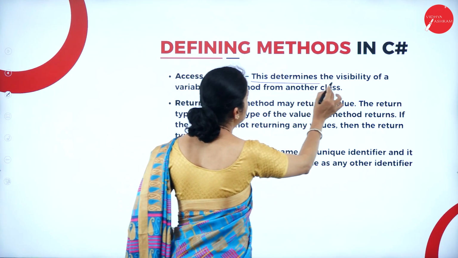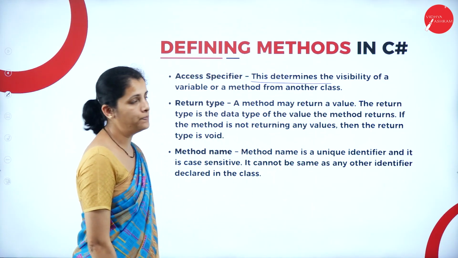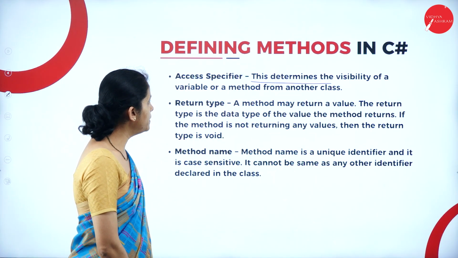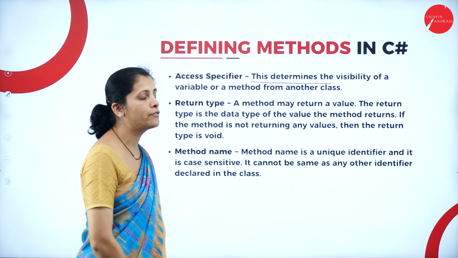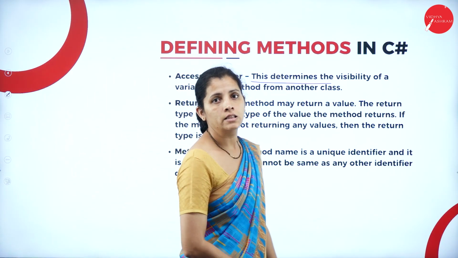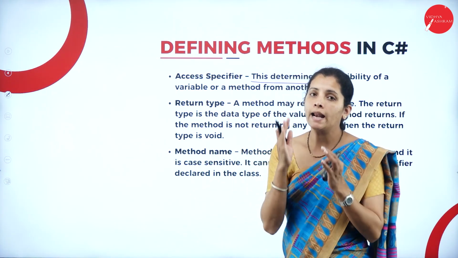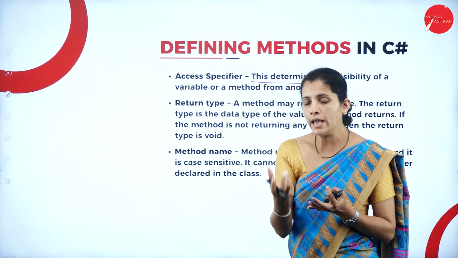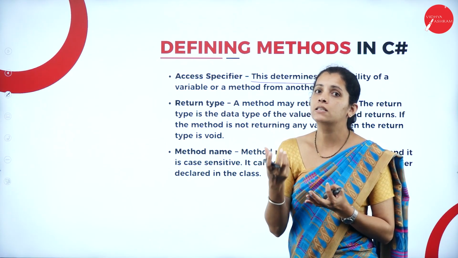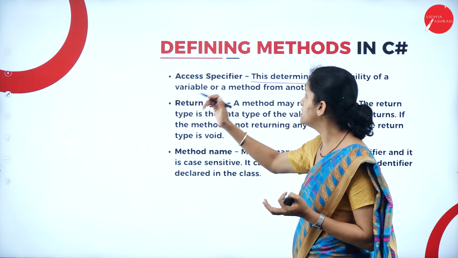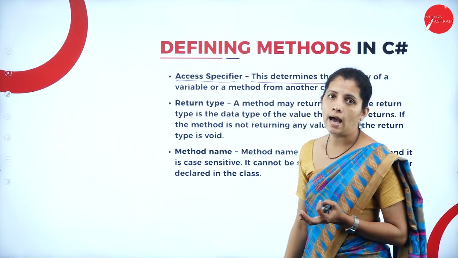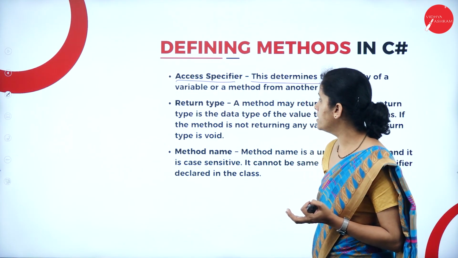This determines the visibility of a variable or a method from another class. That means I'm going to restrict who can access the variables as well as the class, and where I restrict, that is known as the access specifier.